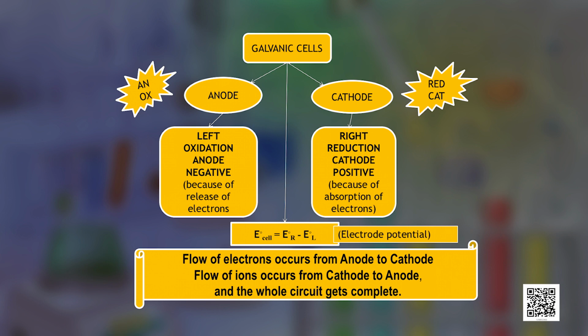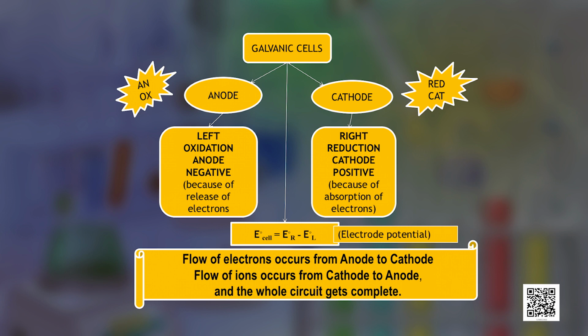The electrons are released from the anode due to its low standard electrode potential. In cathode, electrons are accumulated or absorbed due to its high standard electrode potential.